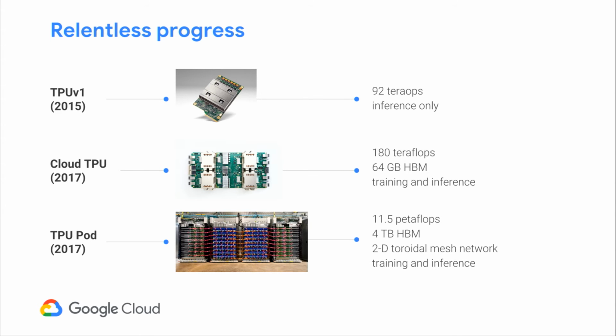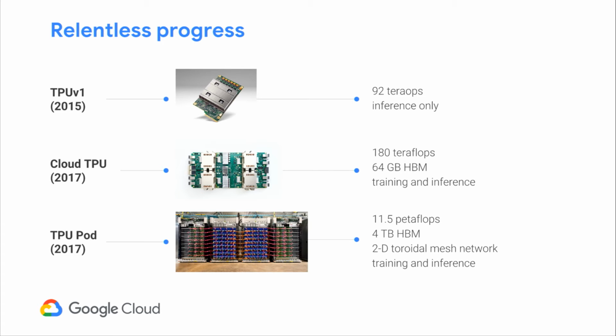So just to give you a quantitative sense of how fast this field is moving and the lengths we're going to achieve even greater amounts of machine learning performance, you can see that TPU v1 was able to do 92 teraops, whereas Cloud TPU took that to 180 teraflops, with 64 gigabytes of high bandwidth memory per board, going from inference only in the first generation to supporting training and inference in the second generation.